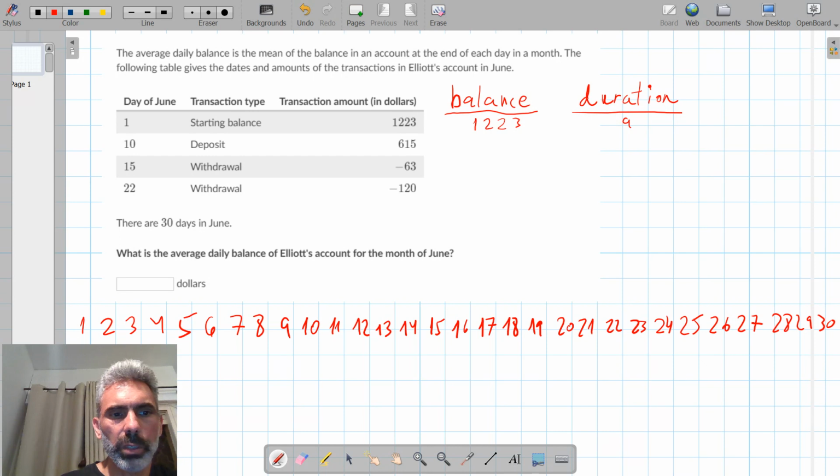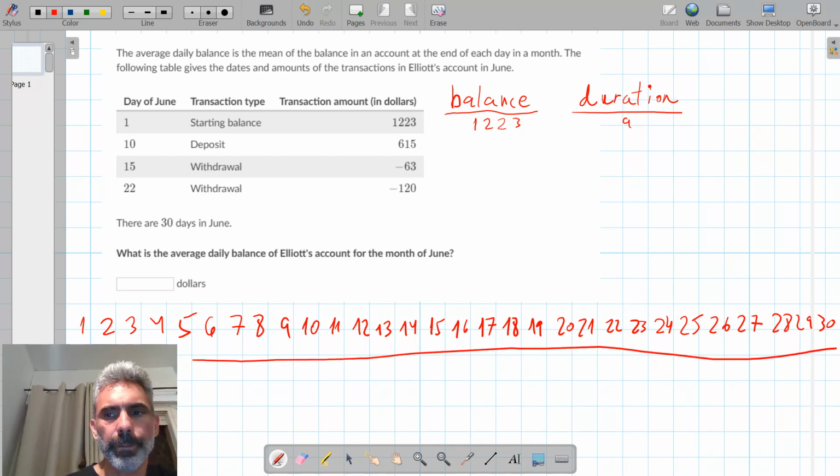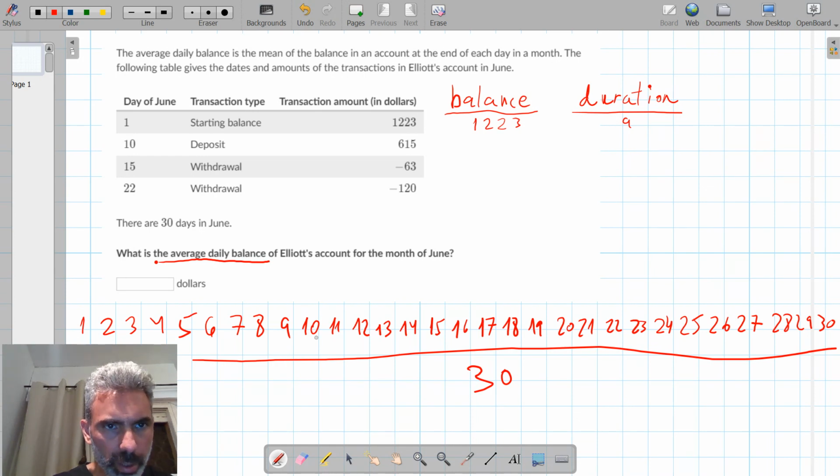If we know the amount in each of these days and we divide by 30, we get the average daily balance. So the balance has stayed the same for 9 days from June 1st until June 9th, because on June 10th the balance has changed.